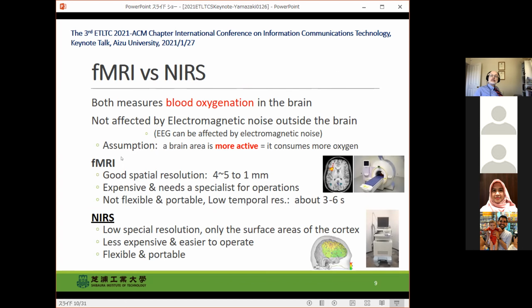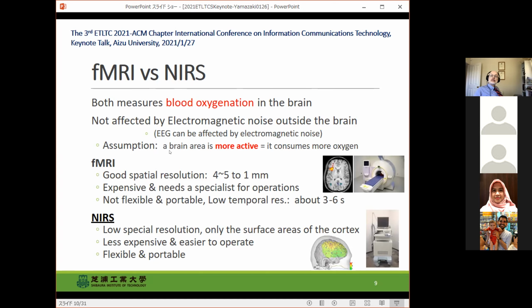That's why we use functional MRI and NIRS for more detailed measurement of the brain in human factors engineering.